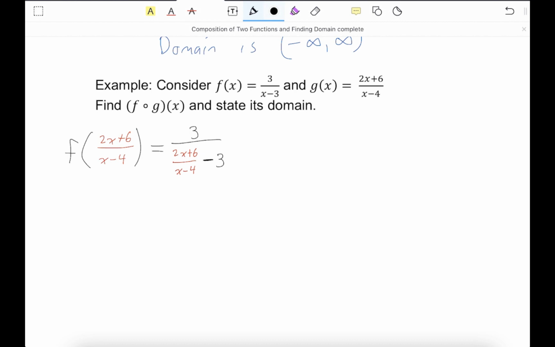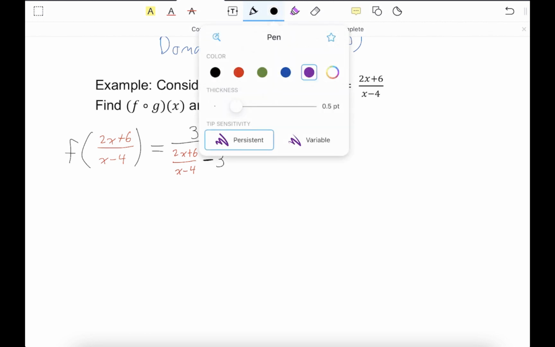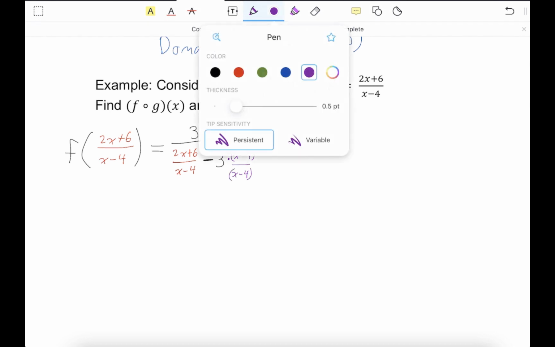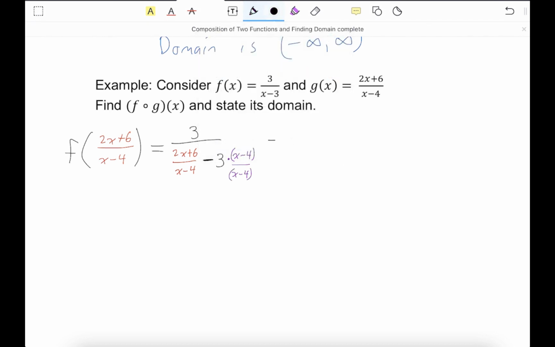Now we have to do some algebra in order to simplify this. I'm going to multiply 3 by a fancy form of 1, or x minus 4 over x minus 4. This will give us a common denominator.